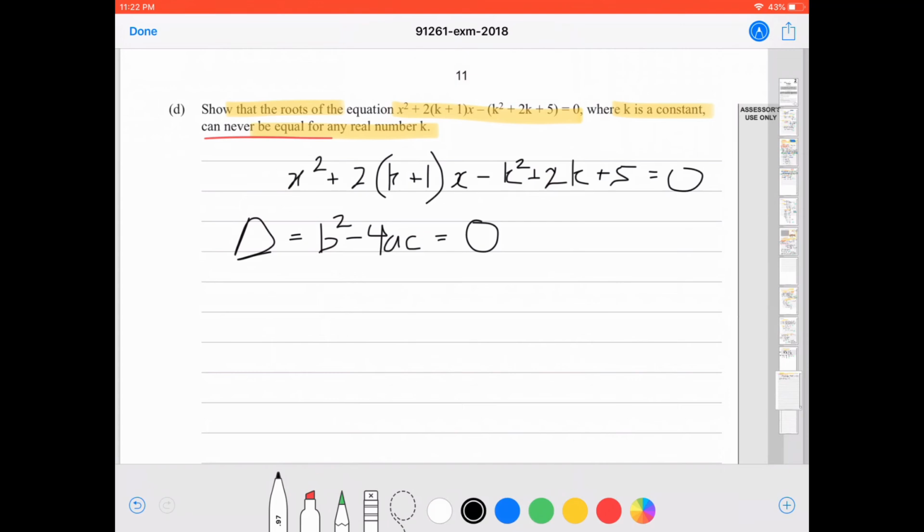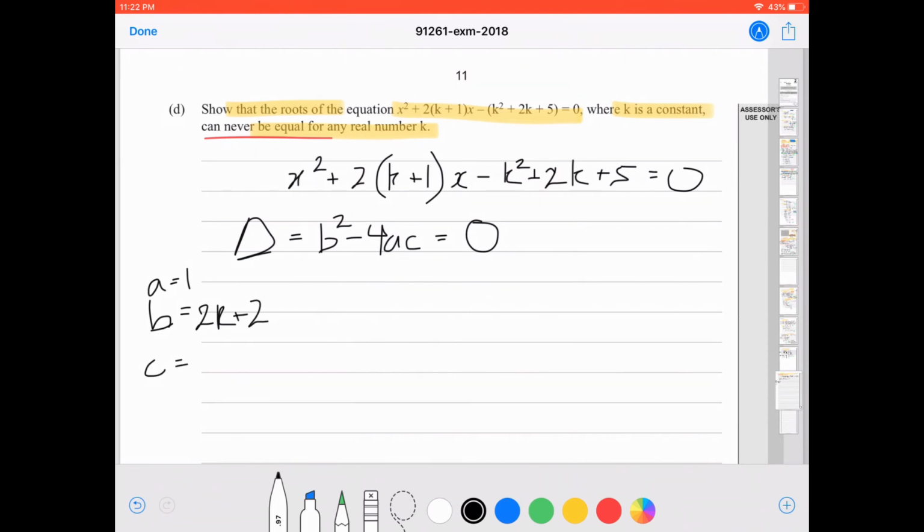And so let's go ahead and find the discriminant here. We've got our b value, and we can list them out. A is 1. B is, they've given it to us in this weird 2 times k plus 1. We can expand the 2, so it's going to be 2k plus 2.